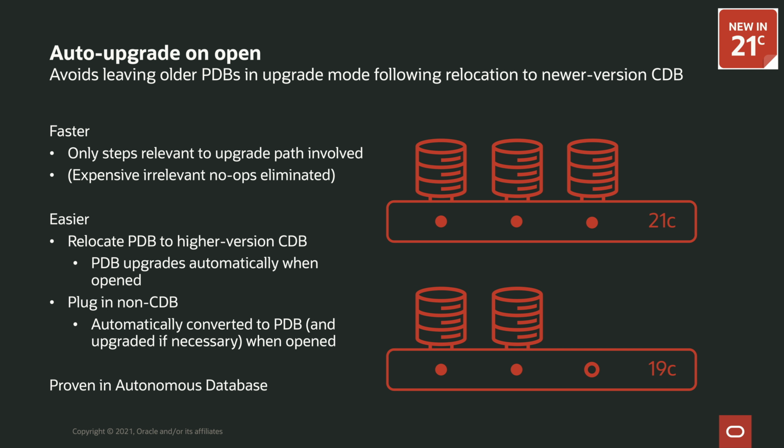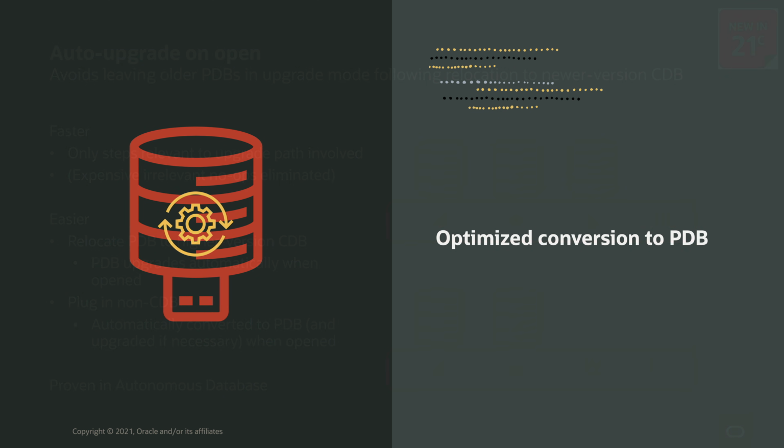If you're plugging in a non-CDB, it will be converted for you. I'll say more about that shortly. Technically, this automatic upgrade on open leverages the replay technology that I've just reviewed. The user simply sits back and waits briefly while a relevant upgrade or conversion is performed. The PDB will be opened read-write as soon as it's finished.